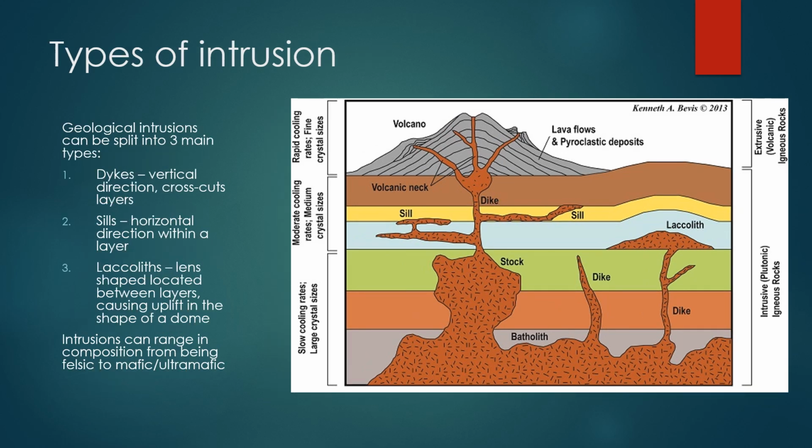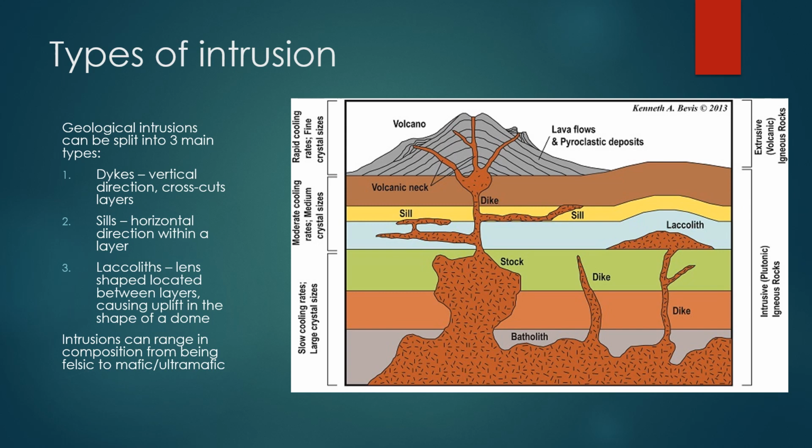So we can characterize different intrusions based on the shape and the relationship that that igneous body has made with the rocks around it. So if the intrusion has penetrated through several layers of rock vertically, we call that a dike. If that igneous body has intruded horizontally along a layer, we call it a sill.